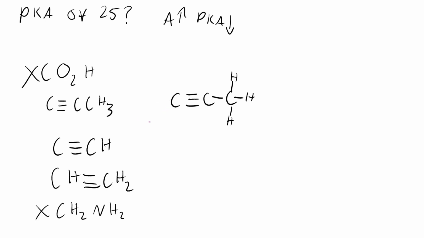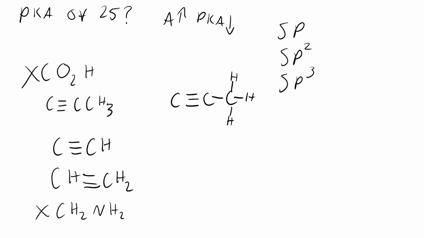You're going to be looking at the terminal point. And here's a trick. When you're dealing with carbons and hydrogens and double bonds and triple bonds, you want to look for the sp trick, the hybridization trick. The hybridization trick is this: sp, sp2, sp3.